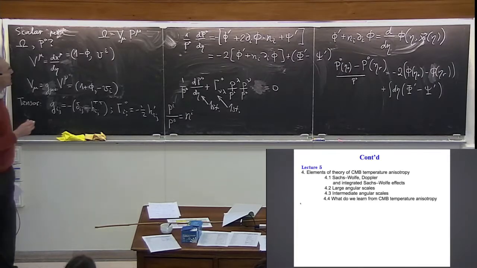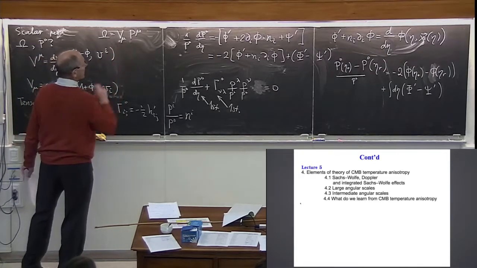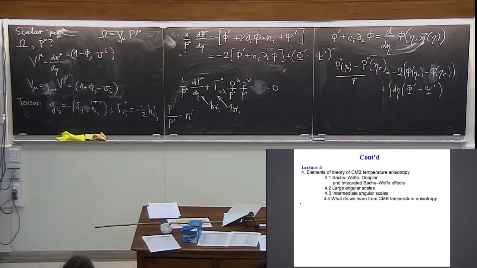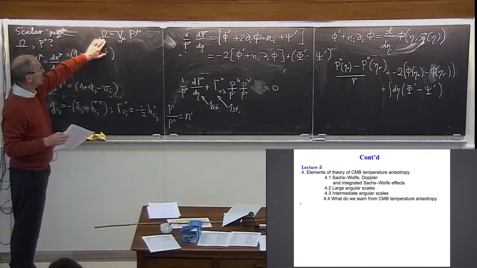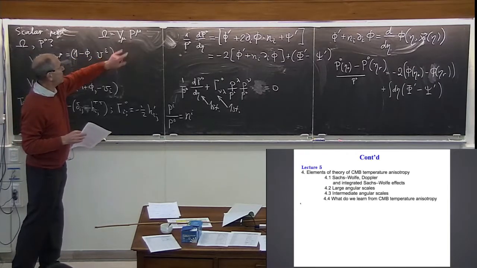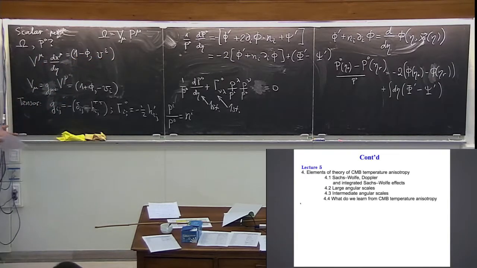But the point is that this is an invariant, and therefore in the local Lorentz frame it's equal to the frequency of the emitted photon, and in my frame this gives me the relation between this frequency and momentum.